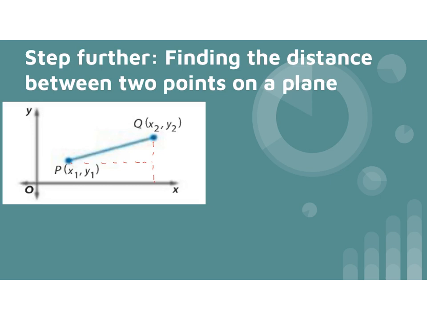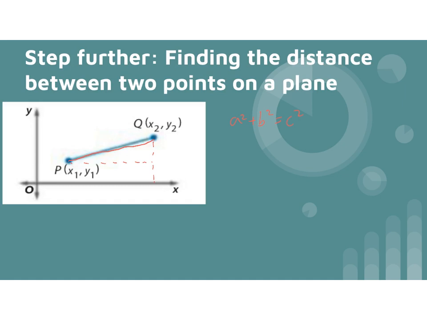We have 2 sides of a triangle. And so to find the hypotenuse, remember we do a squared plus b squared equals c squared. And so if we need to find our distance here, we can find the difference between x1 and x2 and y1 and y2 to find our total distance.